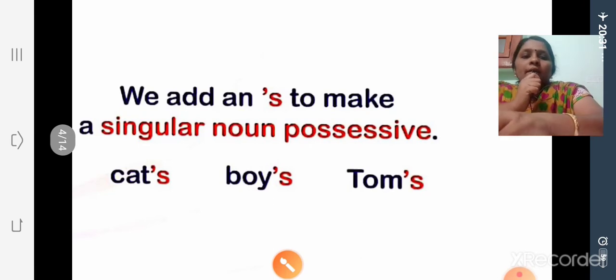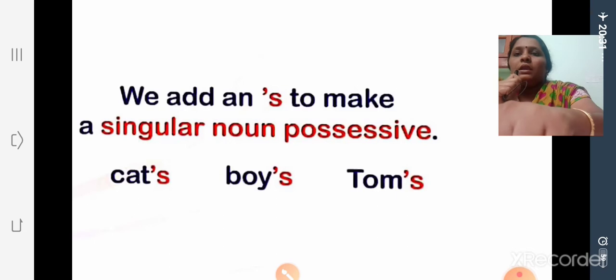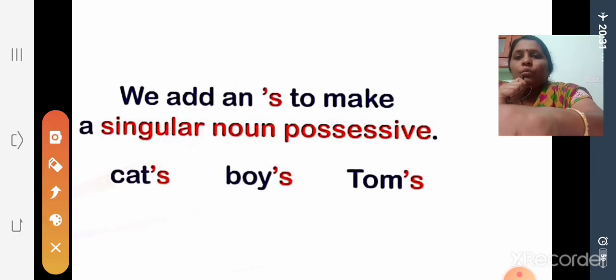Then there are certain rules to make singular nouns possessive. So what are they? First one: we add an apostrophe s to make a singular noun possessive.